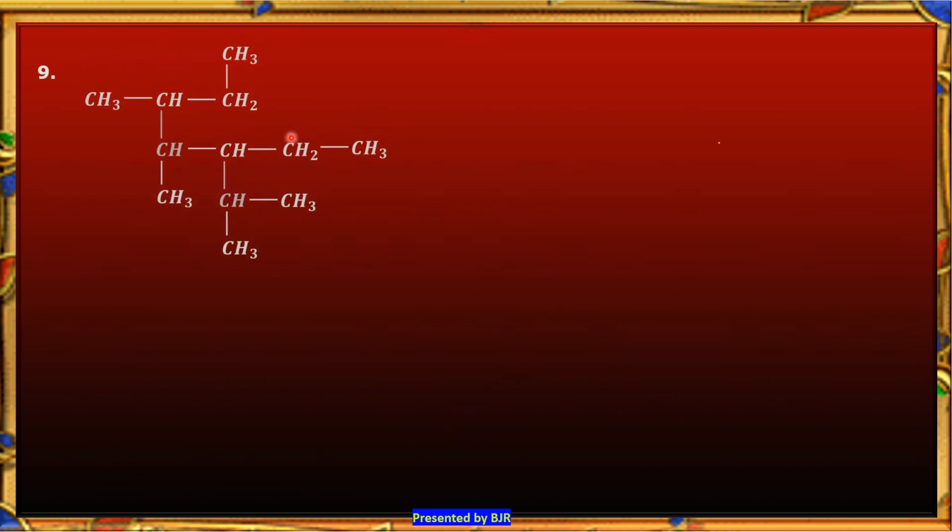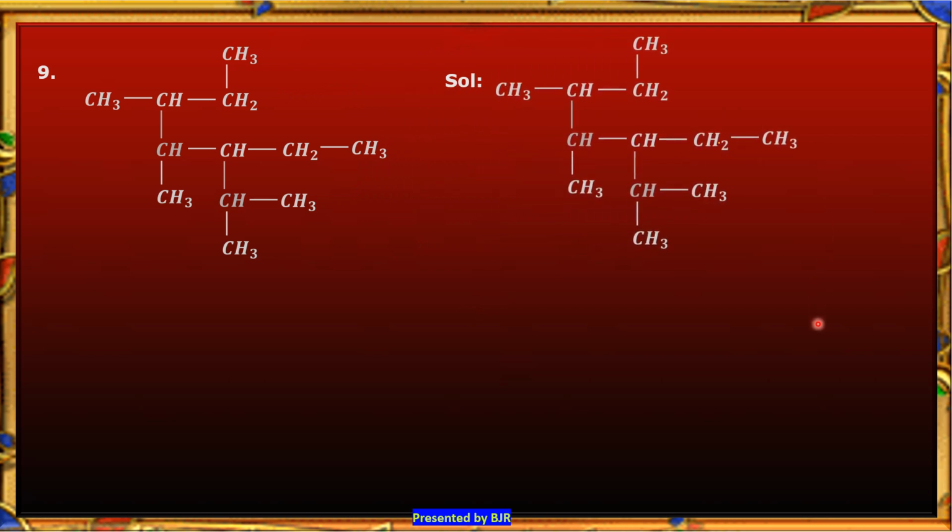Here is the problem number 9. So this is the alkane to which we have to provide the IUPAC name, and this one is a little bit complex organic compound, because the selection of parent chain is more important in this. So here is the solution. I will take a copy of this to here.